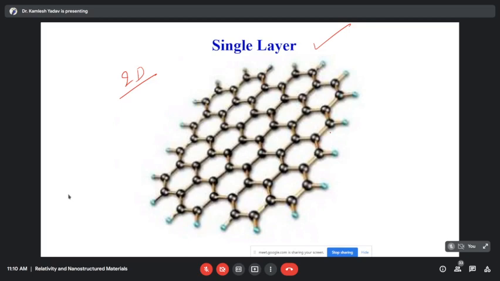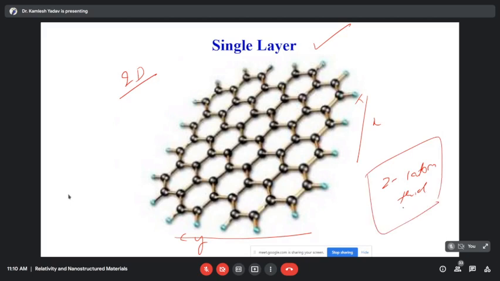Why a two-dimensional layer? Because if you consider this as X and this as Y, then along the Z there is only one atom thick layer. That is very much less than a nanometer, but we do not consider that thickness.